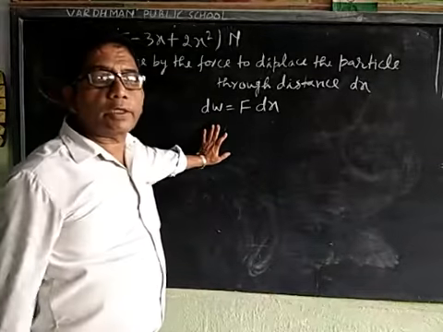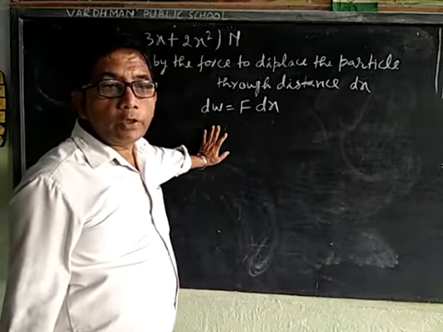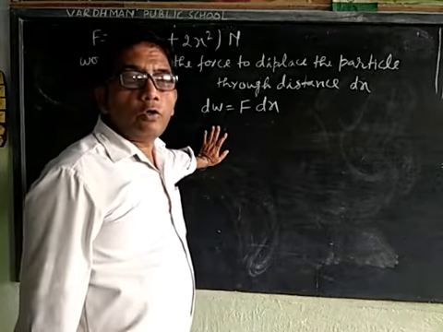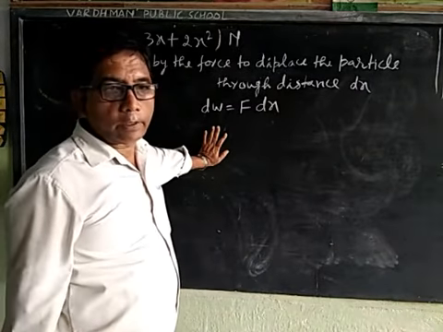Small amount of work is done. Now we will find total work done from x equal to 0 to x equal to 4 meter.